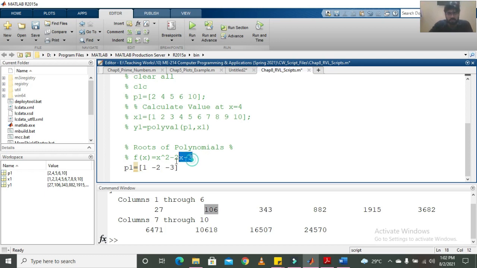Since it is a quadratic equation, the first coefficient is for x to the power 2, which is 1, the second coefficient is for x to the power 1, which is -2, and the third coefficient will be your constant. So this is what my polynomial is.